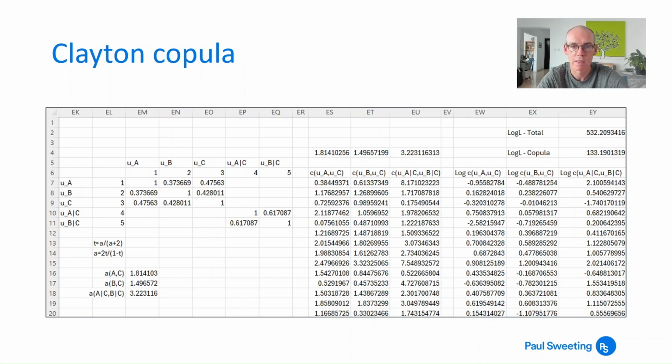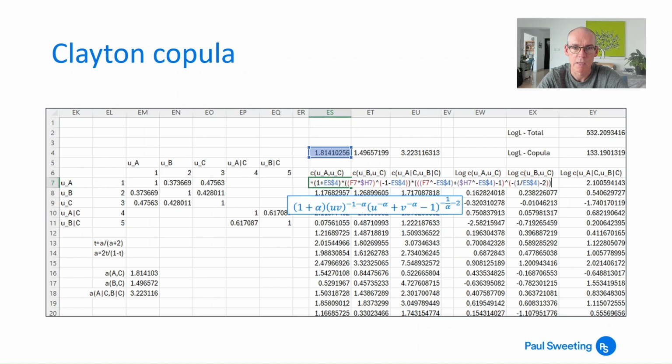So this is where all that hard work happens, and the first thing we've got is the copula density function, which for Clayton's copula is relatively straightforward. And as you recall, that is calculated by taking the copula distribution function and partially differentiating it with respect to UA and UC.